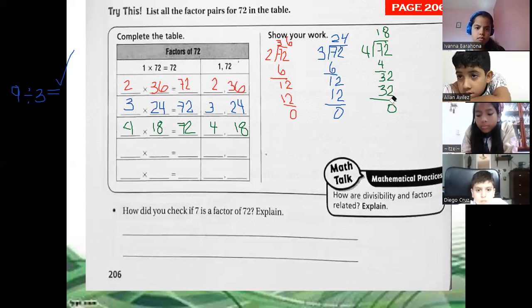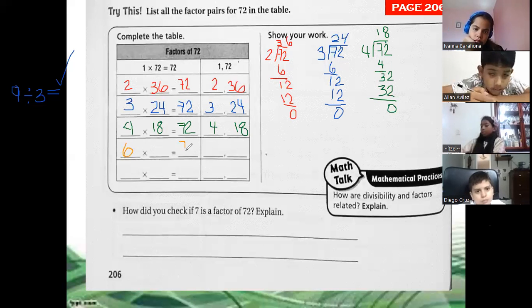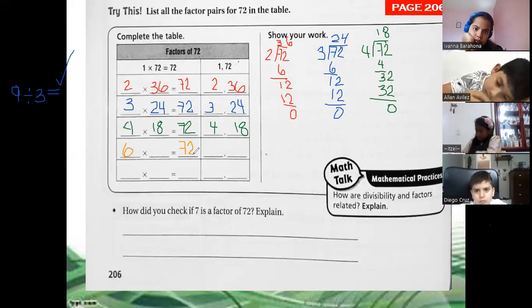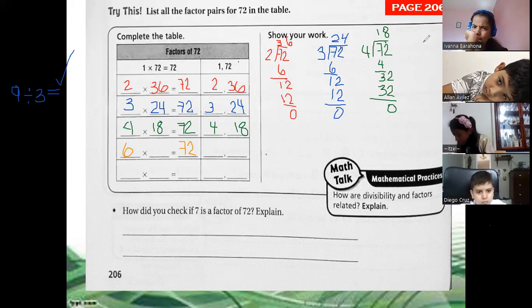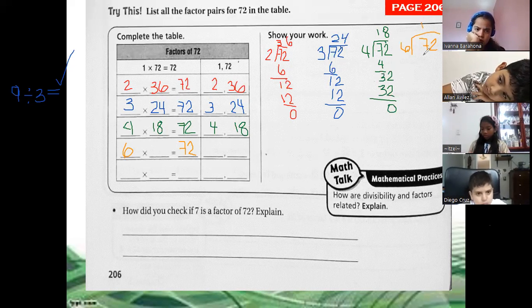So, next digit, is 72 divisible by 6? Yes. Okay, so 6, the next digit. Table of 6. Let's divide it. 72 divided by 6. 6 times 1, 6.